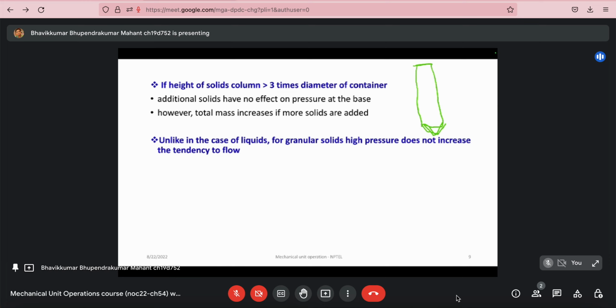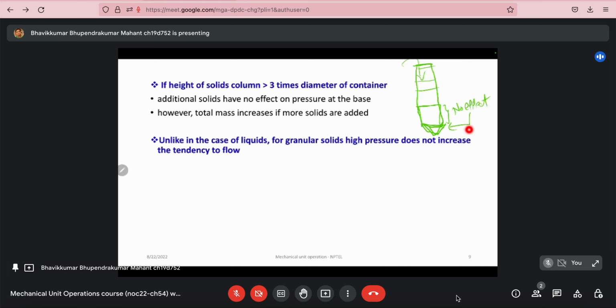Sorry, I can't draw anything very good in this PowerPoint slide. So if we keep putting in additional solid, only some amount of the solid exerts pressure at the base; the additional does not have any effect. However, total mass increases as more solids are added. Obviously, if you add solid up to here, the mass will increase, but it doesn't have any effect on the pressure exerted on the base.